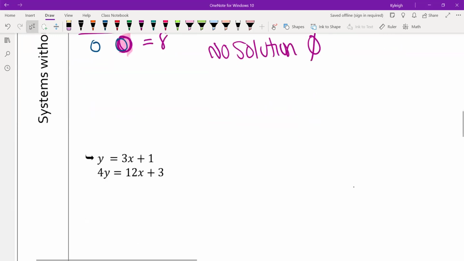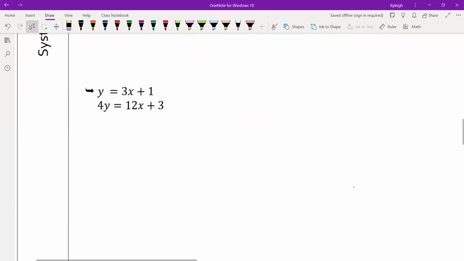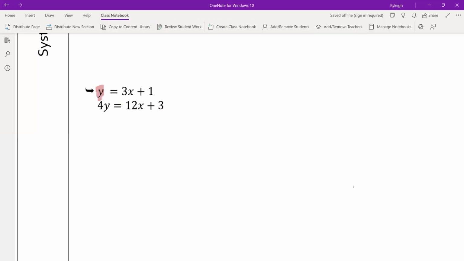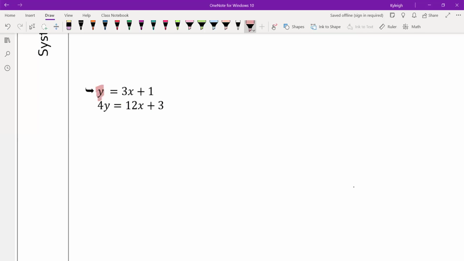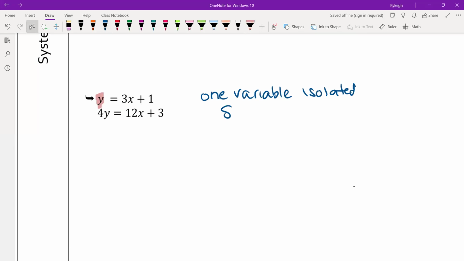Okay? This last one has a y by itself. So we're thinking, should I be graphing? Well, only one of them has y by itself. So if one variable is isolated, that should tell me to use substitution.